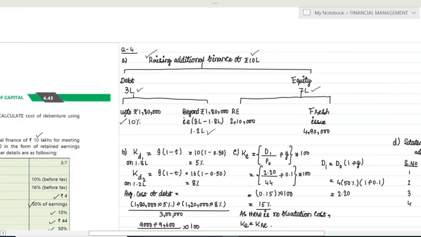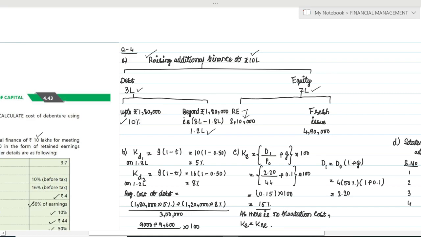That is, we need to give interest of 16% on 1.2 lakh, and in equity share we will take from the equity holder 7 lakh, but there is already 2.10 lakh as retained earning.